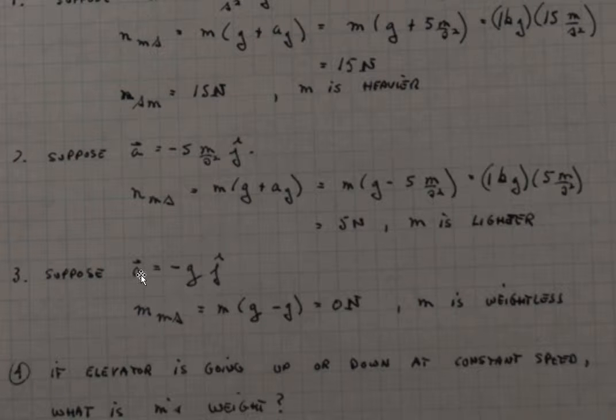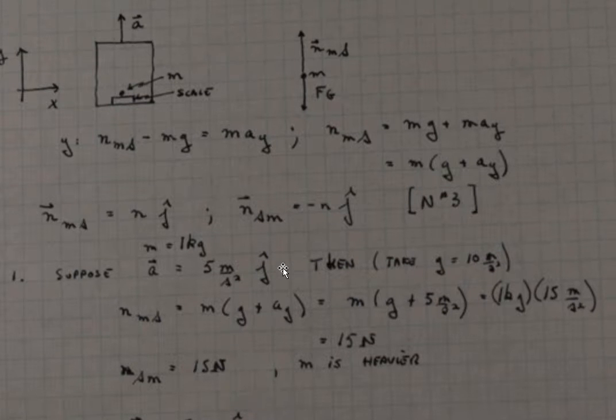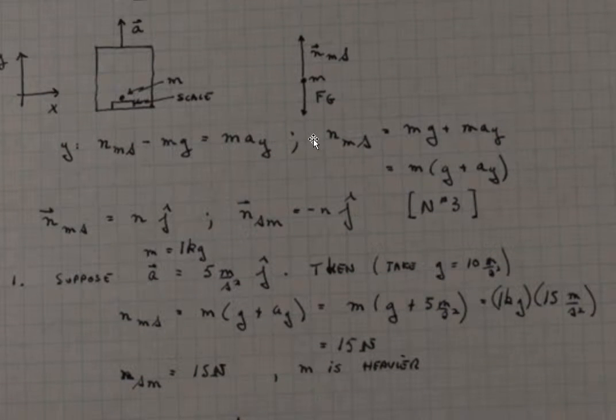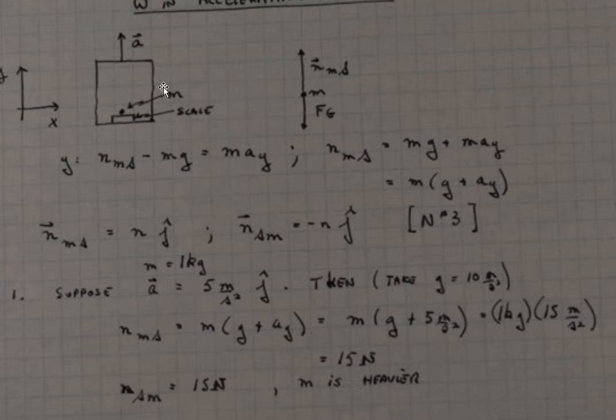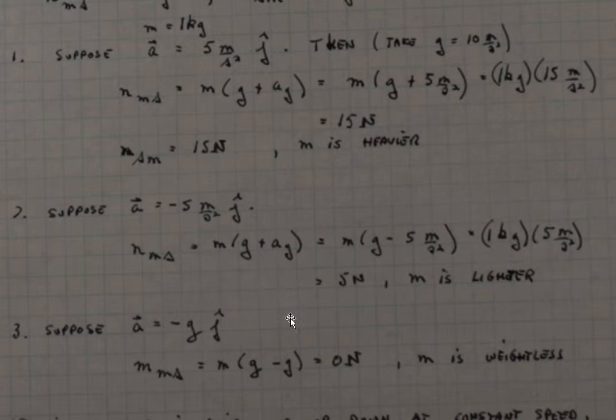If we take this to the limit, a downward acceleration of the elevator of minus g times j hat would represent the elevator accelerating downward at 10 meters per second squared. Well, that would correspond physically to somebody having cut the cable to the elevator. It's in free fall. Then, if we have an acceleration of minus g, the normal force n is 0 newtons.